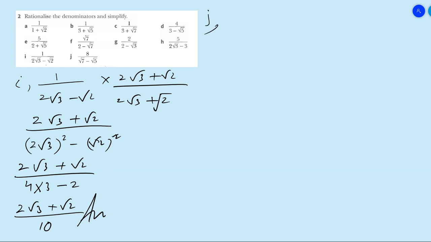Part J is 8 upon root 7 minus root 5. Multiply and divide by the conjugate, root 7 plus root 5 upon root 7 plus root 5. Sorry, by mistake I put a multiply sign.